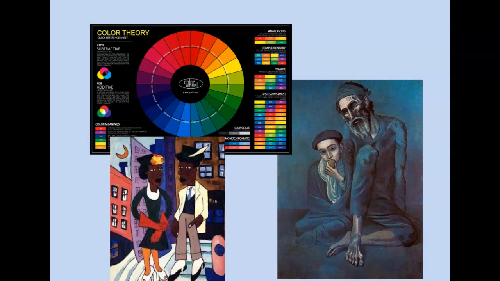You can see two images below. The one on the left is from William Johnson during the Harlem Renaissance. It's called Street Life Harlem. This is from 1940. This image shows the brightness of the colors, so the joy is the day and activities going on in the community with this couple, as opposed to the image on the right from Pablo Picasso, Old Man Blind with a Boy, from 1903.